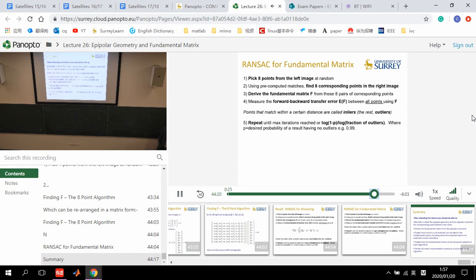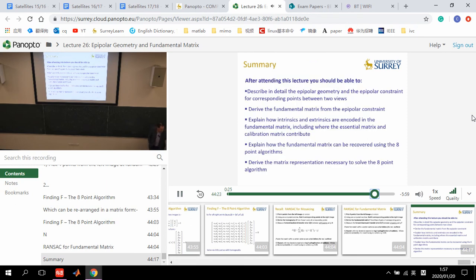So, in summary, in this hour we introduced the epipolar geometry and this thing called the epipolar constraint, which shows us that points in one image map to lines in another image. We saw how that observation can be expressed mathematically, and from that expression we can derive the fundamental matrix, which is a 3x3 matrix that encodes everything about one camera's view with respect to the other camera.